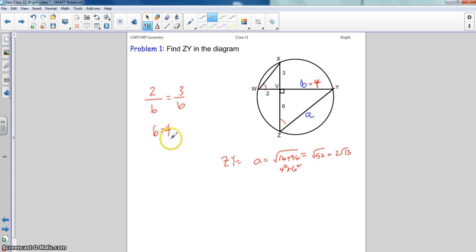And then you could use the power of a point theorem similarly in this one. Now, this one wasn't such a great example of power of a point, but you could still use it.